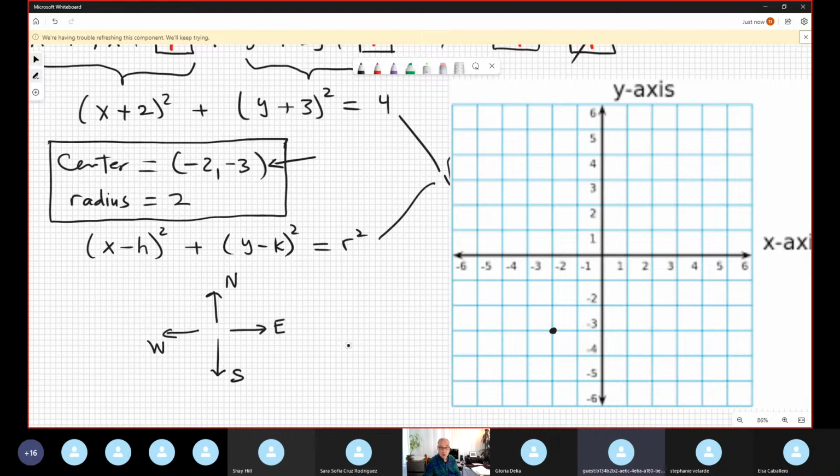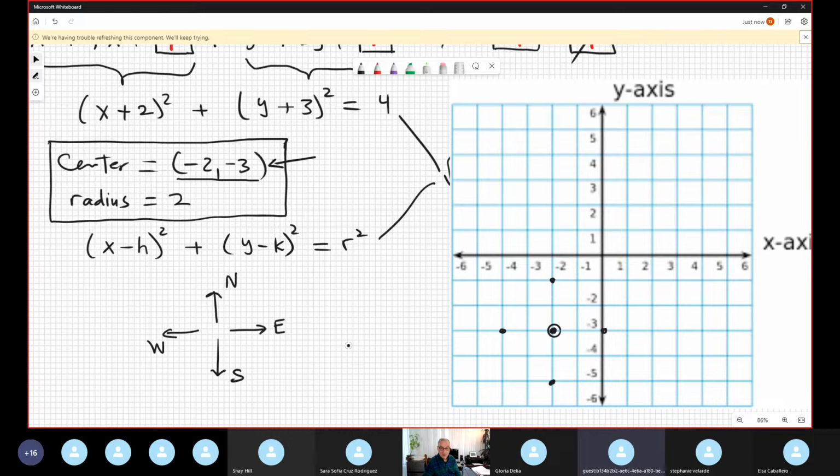So 2 points over, we get that point: 1, 2. 2 points downward: 1, 2. 2 points to the right: 1, 2. Oh, this is on the y-axis, nice. And 1, 2, this is this. Well, for me it's important that you write the point. This point is the center.